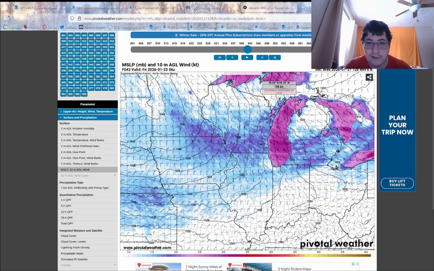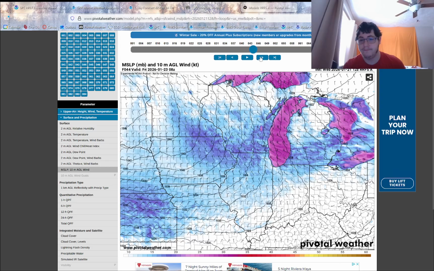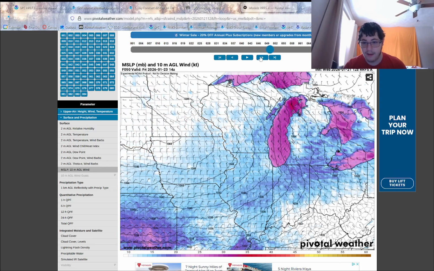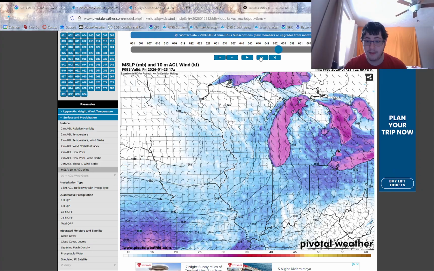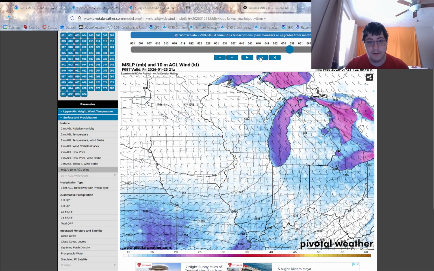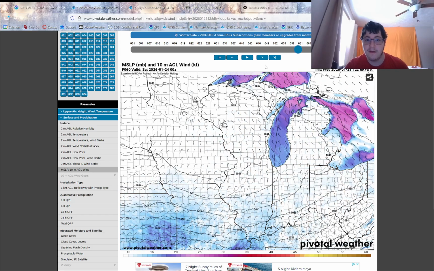I think this model is a little more aggressive with the wind in general through the period, at least in terms of speed and strength. But it is pretty well aligned with the previous one we just looked at in terms of timing of when the wind is going to move out, calm down, and when it's going to pick up.